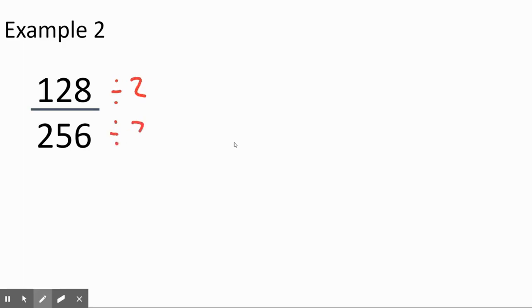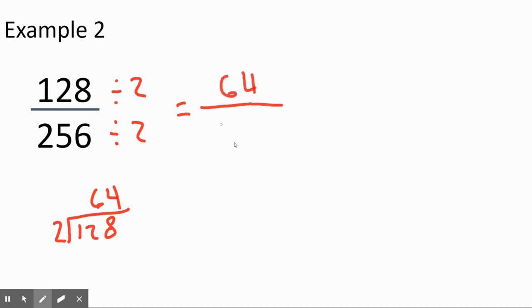Now you might have to do some long division to figure out what 128 divided by 2 actually is. I happen to know that it's 64, so we're not going to go through all that process, but you may have to do that in order to simplify a little bit. So if we divide by 2, we get 64 as our numerator and 128 as our denominator.